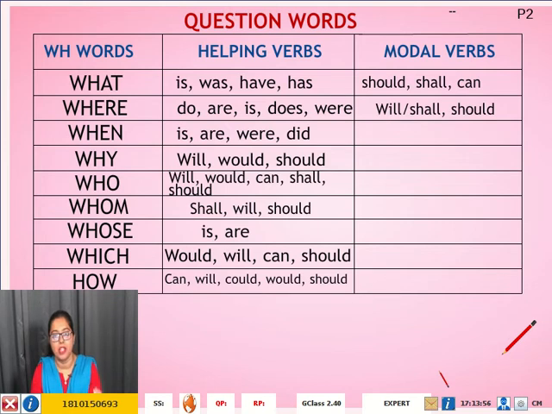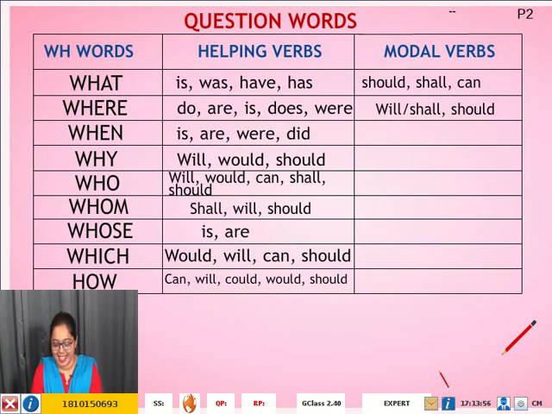With the next WH word, that is where, we can use the modal verbs will or shall, and should. So where will you go? Where should we go? These are the modal verbs we are using with the WH words.